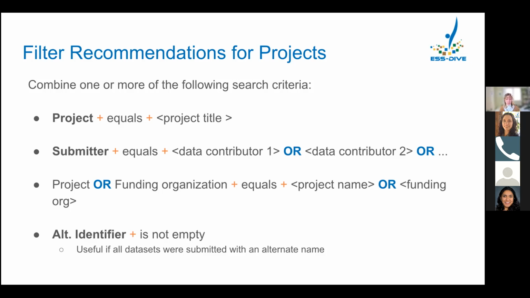And the final suggestion I have is to take advantage of the alternative identifier field. And this may not be useful for a number of use cases, but if the data packages that you're bringing in have been published already in other repositories, it's possible that they also have specific IDs from that other repository, and when they came into ESS-DIVE, you maintained that ID as an alternate identifier.